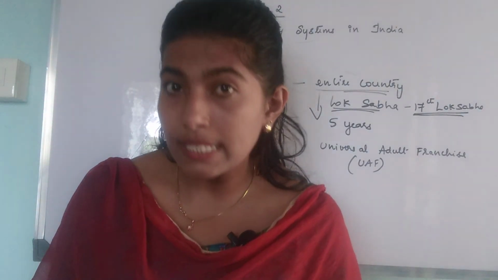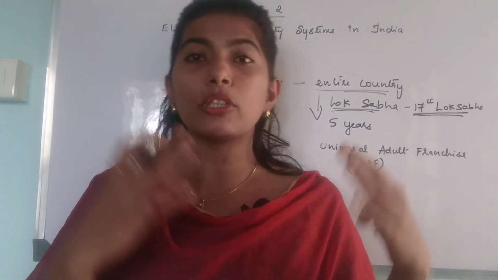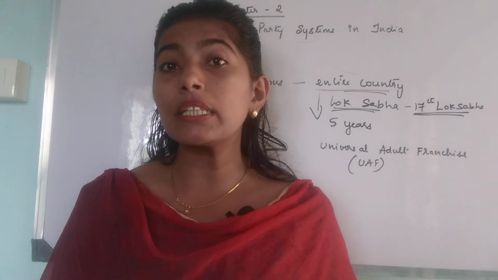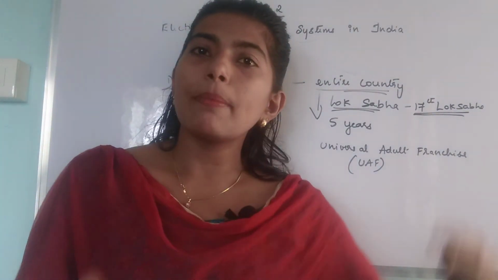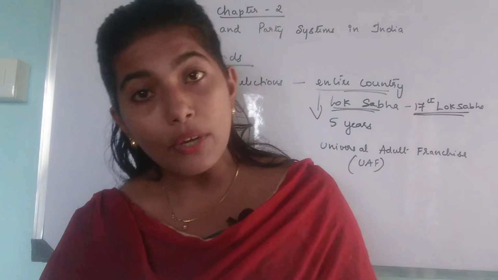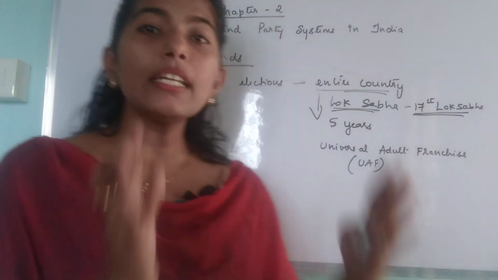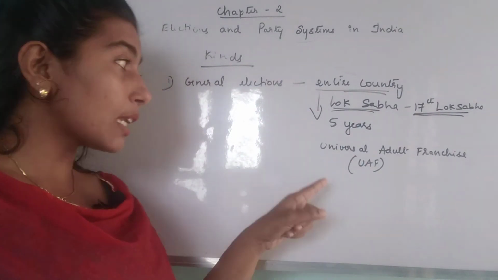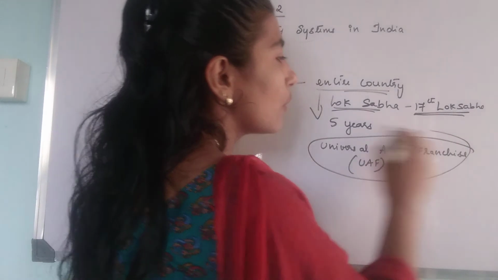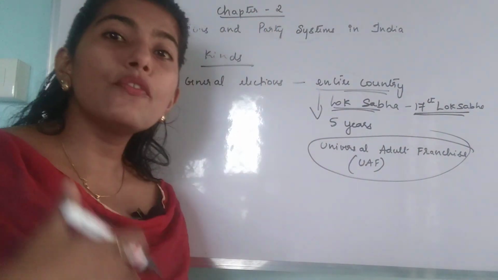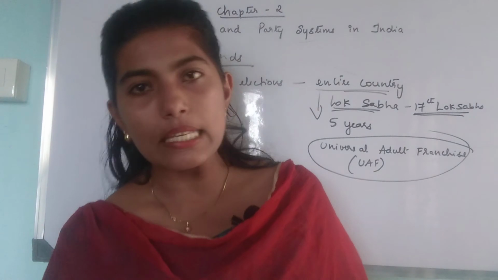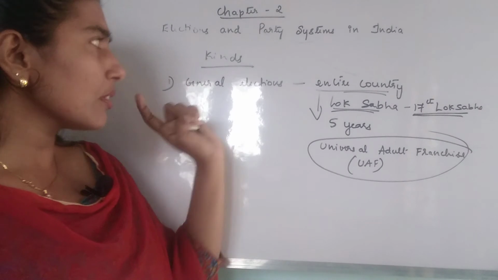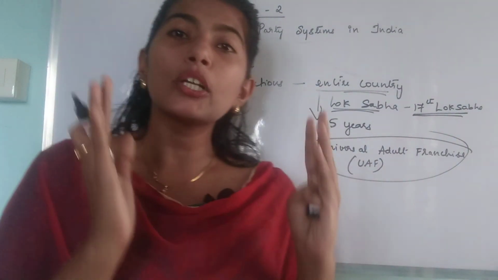It is without any discrimination, maybe on the basis of color, gender, education, place, or property. Every person, whether rich, poor, educated, or illiterate, has a right to vote, and that right to vote without discrimination is known as universal adult franchise. It is the system where everyone has the right to vote without any discrimination. So on the basis of this universal adult franchise, this general election is going to happen.